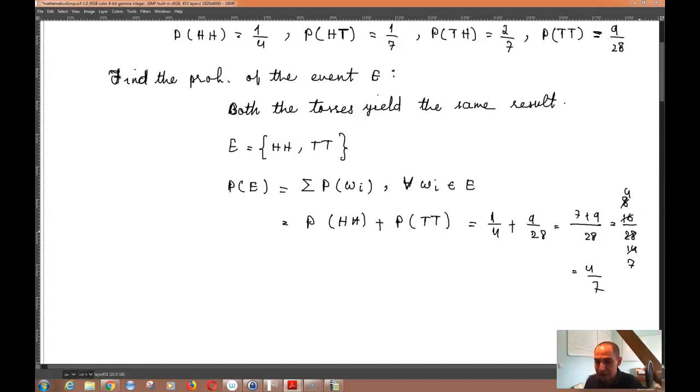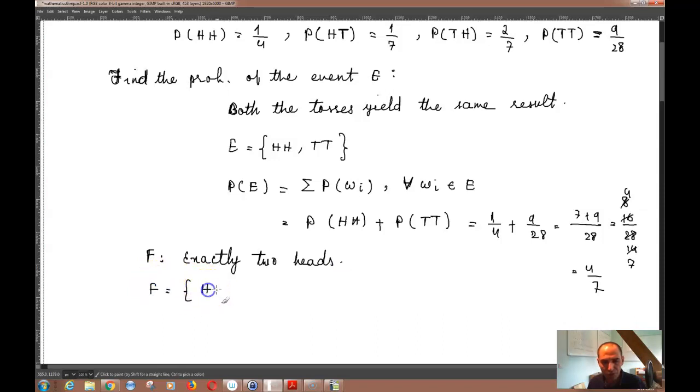Now for the event F, in the exact same situation, let's define some event F, which is exactly 2 heads. For this event, you would have the set containing HH.